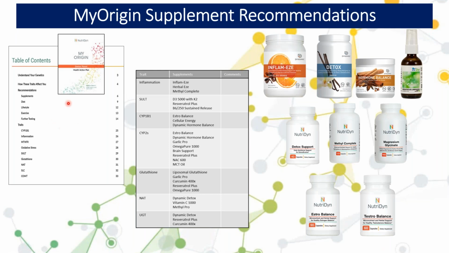Also in that page is nutrient recommendations in a summary form. So it will say, oh, for your inflammation pathway, for your inflammation trait, you might want to be on Inflamease or Herbal Ease and Methyl Complete, or if we know that there is a tendency to move towards the 4-hydroxyestrones, maybe move into an estro balance and dynamic hormone balance and cellular energy.